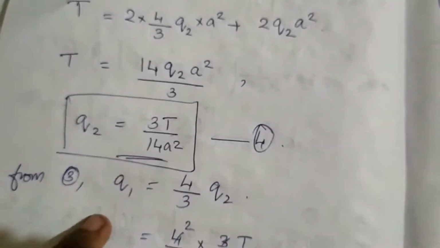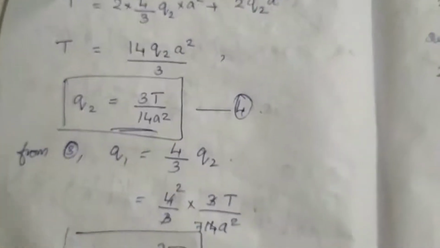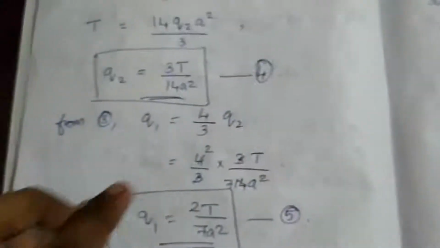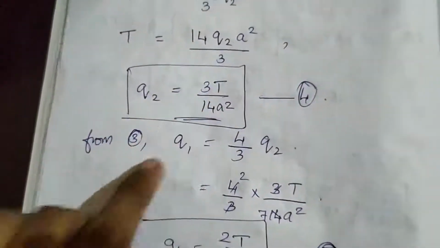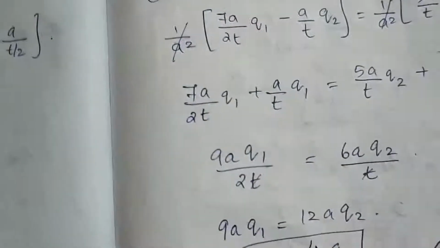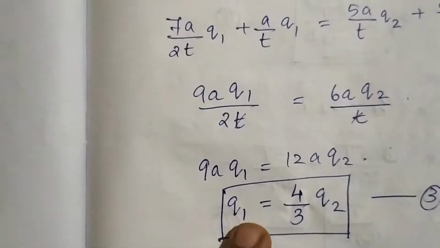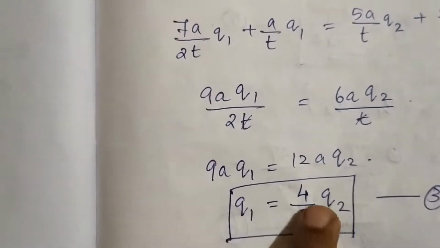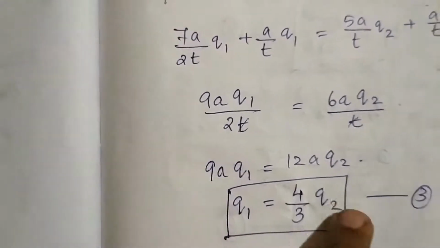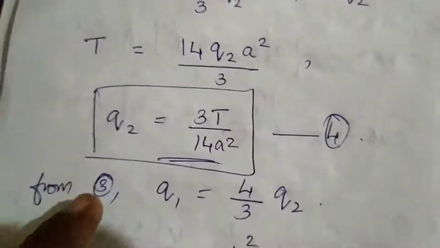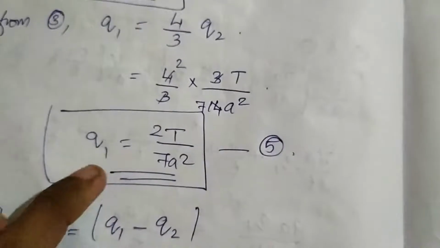Then from this equation, if you found Q2 in terms of T and all, you put this value, Q1 you put this, find the value of Q1 by putting this value of Q2. Fine, then you will get a value for Q1.